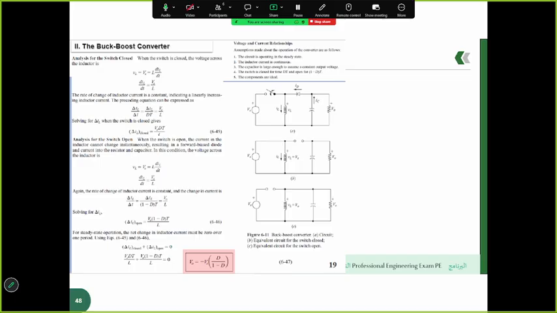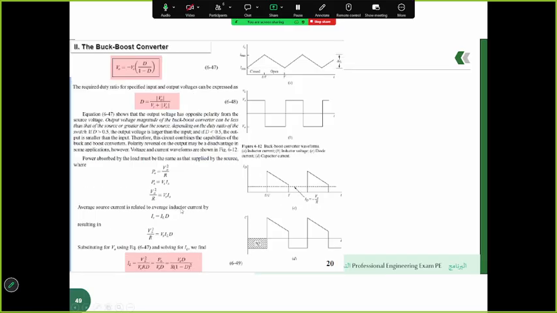The change in inductor current is delta IL on equals Vs over L times DT. When the switch is open for the remaining interval 1 minus D times T, the inductor current must continue flowing, forcing the diode to conduct and deliver energy to the output.